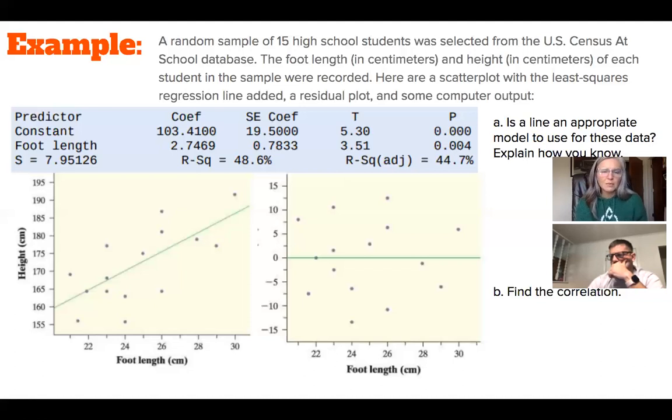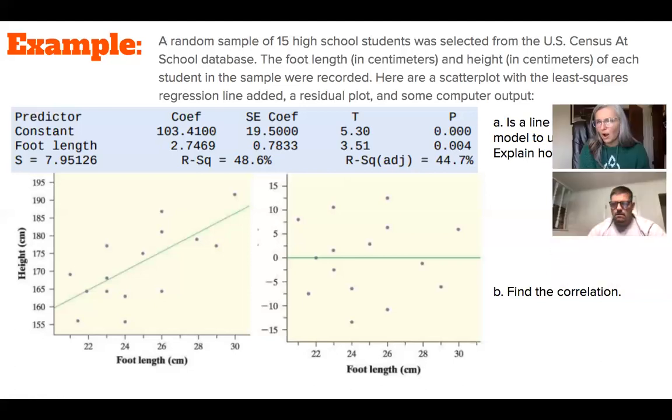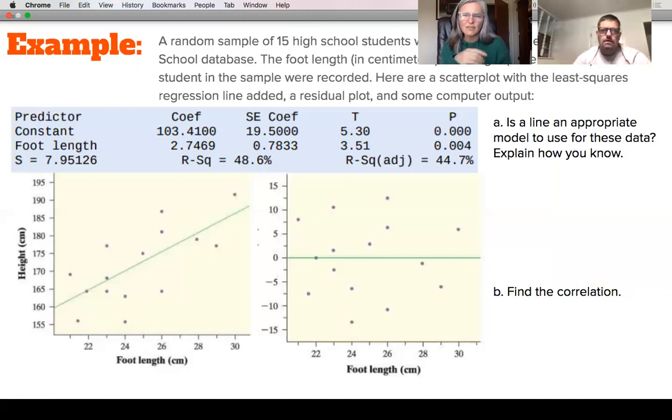Can we just talk about what we need to look at in order to have a successful problem? Can we get rid of some stuff that we won't need if all we want to know is an appropriate model and a correlation? Sure. Over there where it says P, we don't need that. Where it says T, we don't need that.